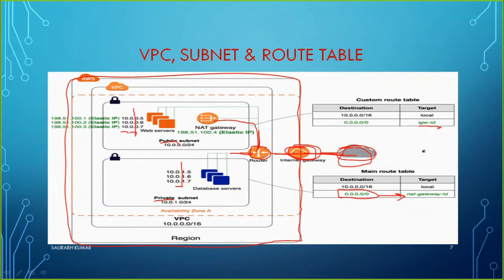But if somebody from outside is connected to the internet, he will only be able to access the resources on a public subnet, not on the private subnet, because the private subnet uses a private IP address range and is not accessible from outside the world. So this is what I have tried to explain: how the VPC, subnet and route table all together combine to make a complete network infrastructure.